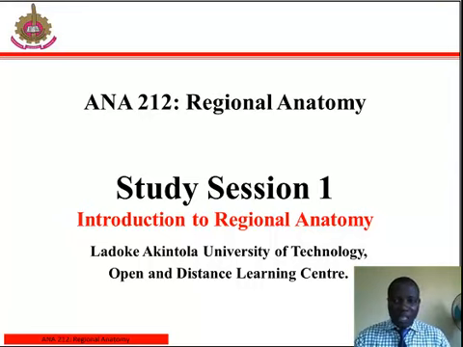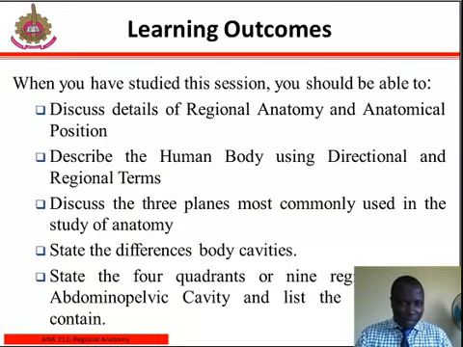Regional anatomy is the study of the interrelationship of all of the structures in a specific body region, such as the abdomen. In this study section, you will be introduced to more details on regional anatomy, the directional anatomy, regional terms, and the body planes.